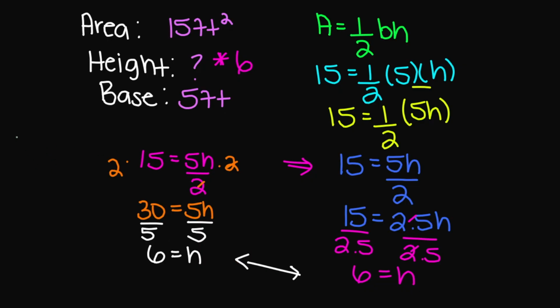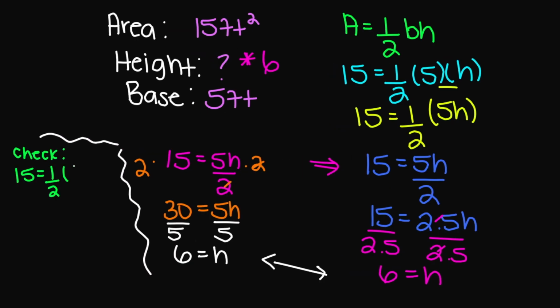And of course, if you wanted to check your work, we have 15 equals 1/2 times our base. Our base is 5. And then our height, the answer that we got, was 6. So on my right side, 5 times 6 is going to equal 30. So we have 15 equals 1/2 and then 30 here on my right side.